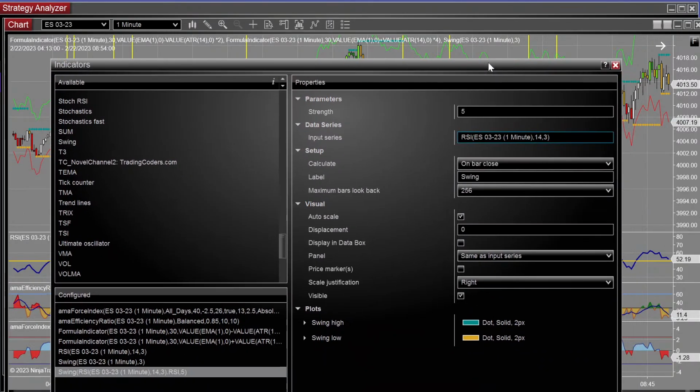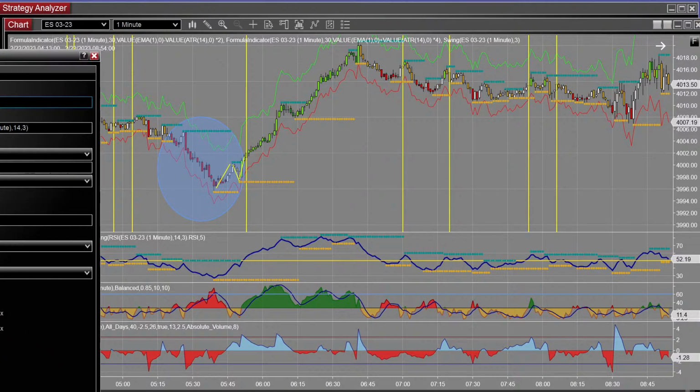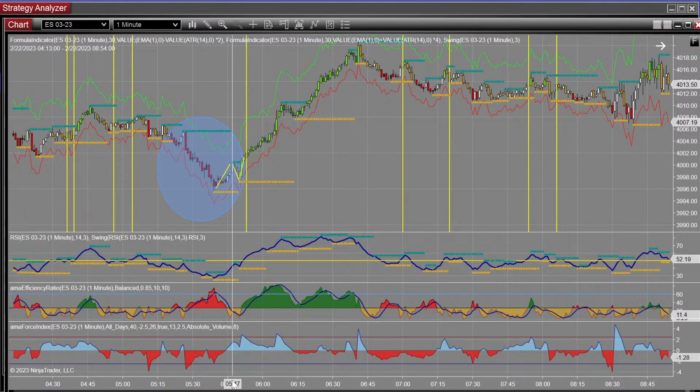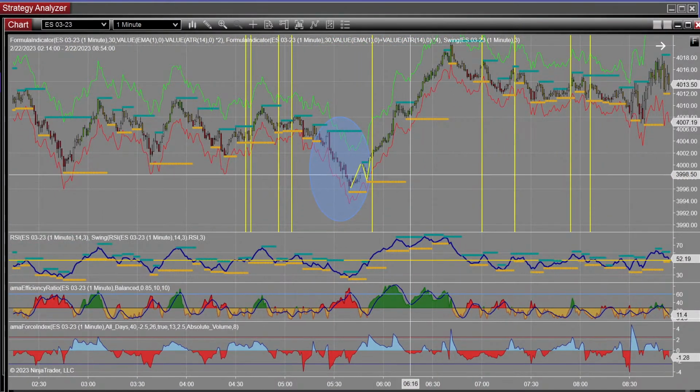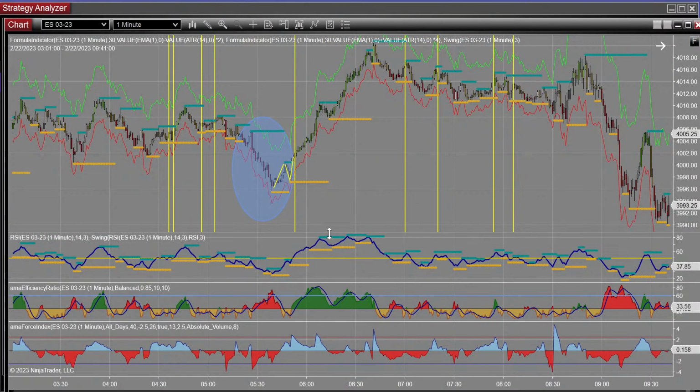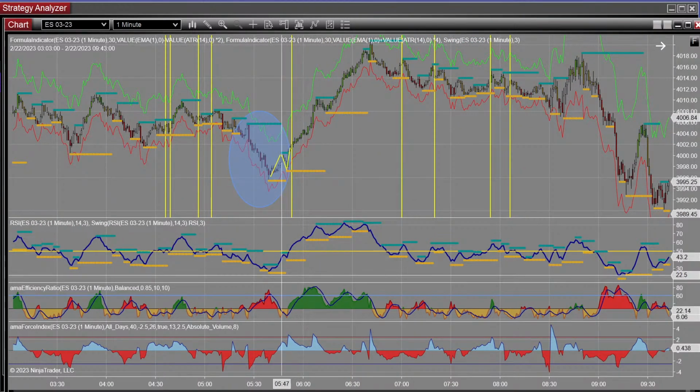What is that? 2? Right, you're gonna add the swings to the RSI. That's pretty sick. Didn't even know you could do that.